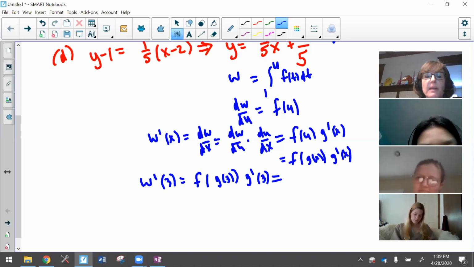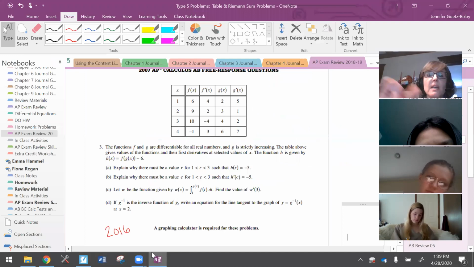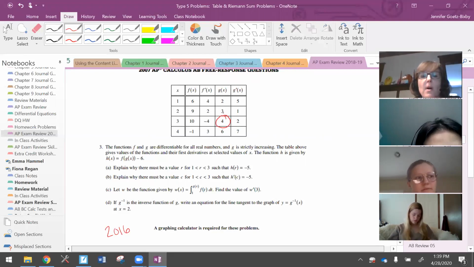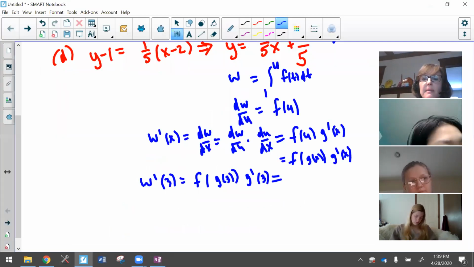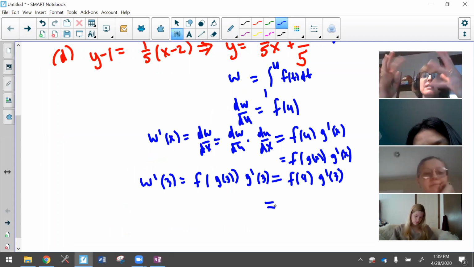So the first thing I really want to look up is g of 3. So if I go here, g of 3 is going to be 4. So this is really going to be f of 4 times g prime of 3, because I have this composite going on with f and g.